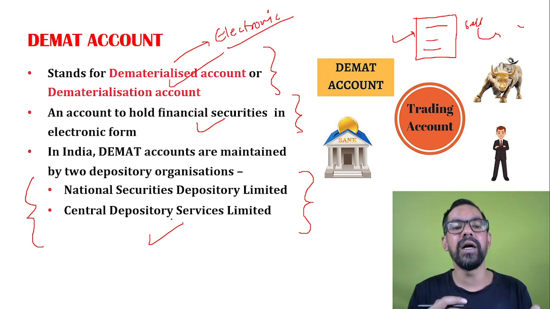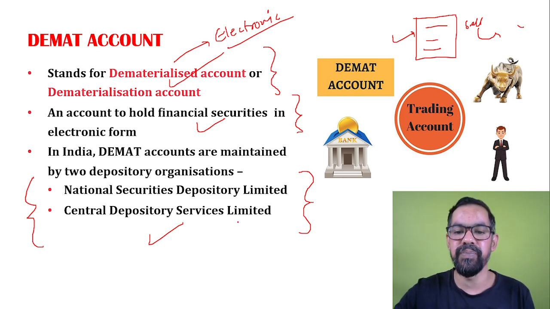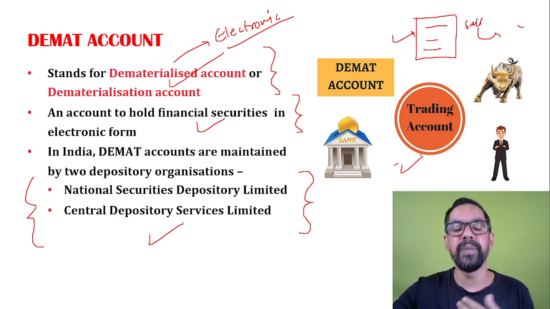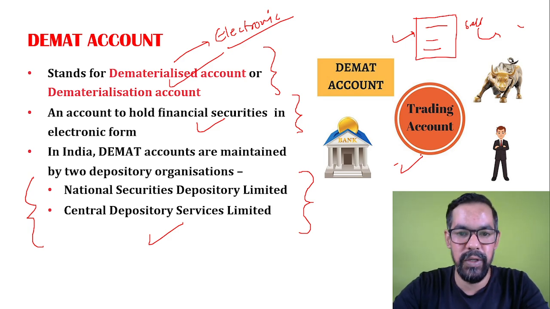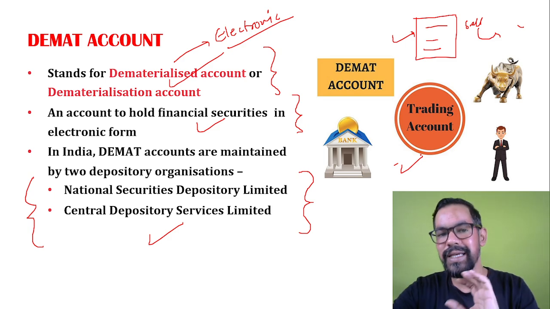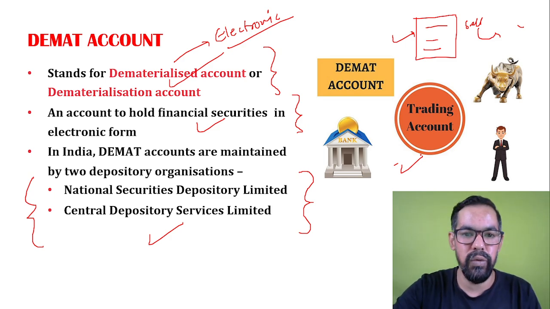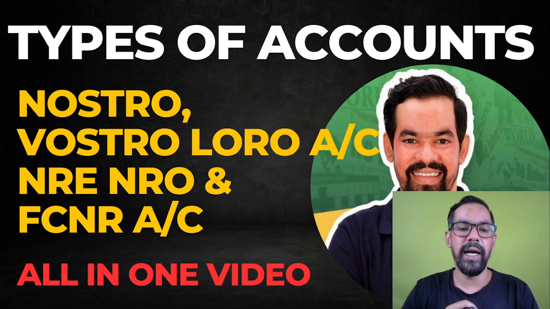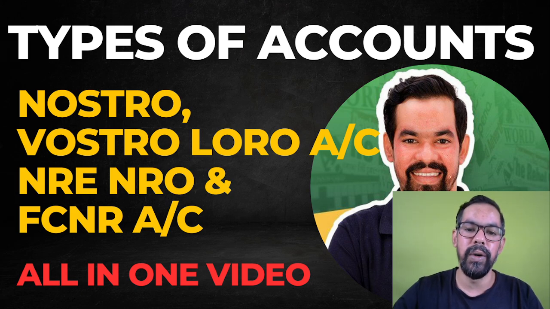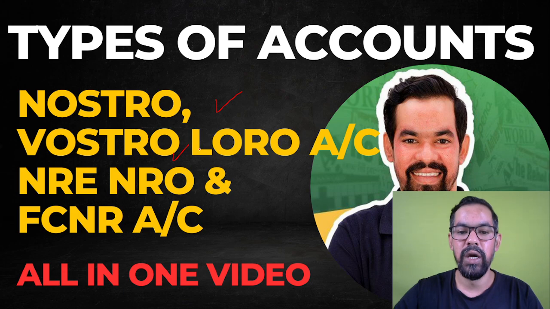And the trading account is generally used for the buying and selling of these securities. Basically, whenever you open your DEMAT account, a trading account will automatically open along with it.